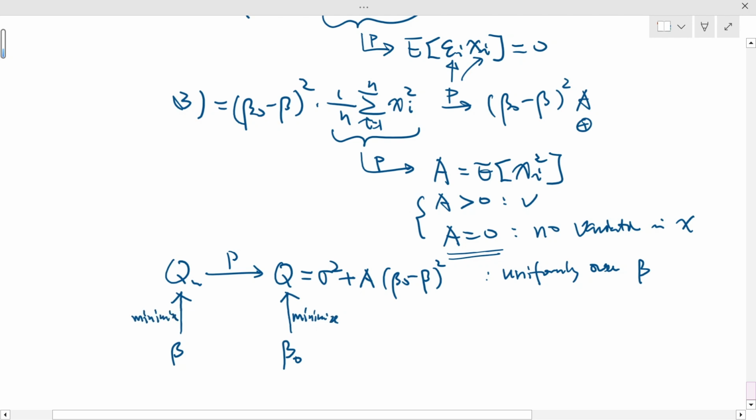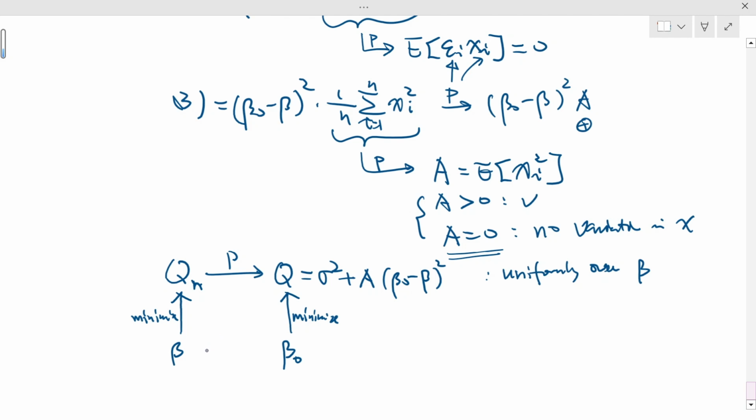So in a sense we are minimizing a wrong criterion, which is stochastic, and that seems bad. However, fortunately, we have shown that under our regularity assumptions, the criterion Qn converges in probability to Q, which is minimized at beta 0, and this convergence is uniform over all beta. So despite the fact that we are minimizing a wrong criterion, in the limit we are fine.